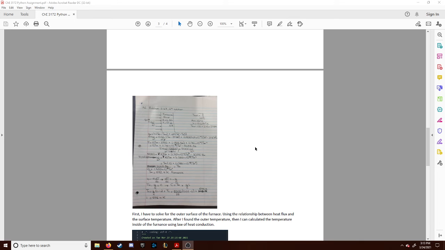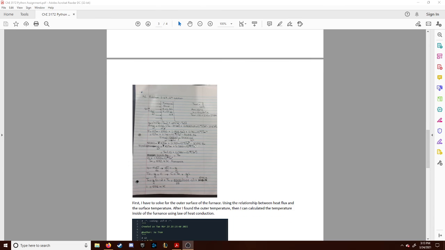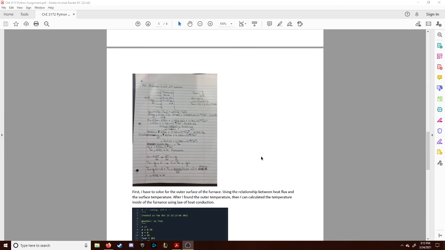So I used a calculator to solve for the outer surface temperature, which I got to be 592.4 degrees Kelvin on the outer surface of the furnace.